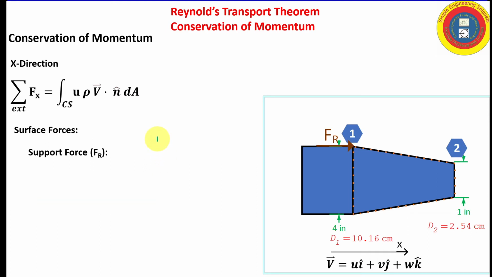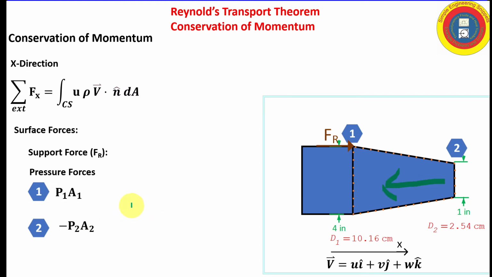All right, continuing on with surface forces, we need to worry about pressure forces. There's a pressure at 1, and that's going to be pressing in the positive x direction. It's always against the control volume, so that's going to be P1 times A1. We have a pressure at 2, and it's going to be pressing against the control volume in the minus x direction, so that's minus P2A2.